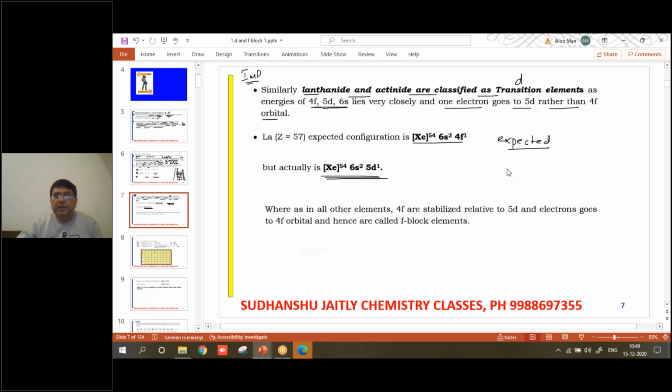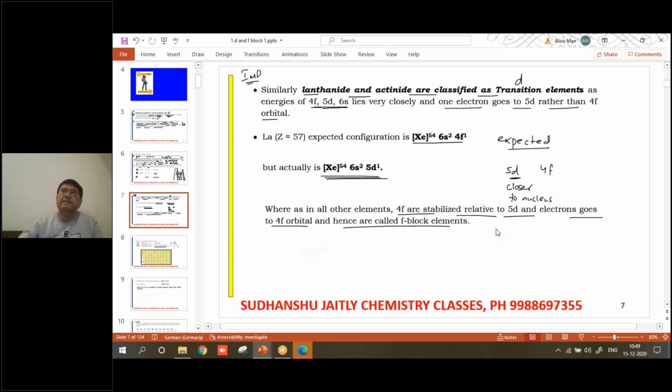Why? Because the d orbital and f orbital lie closer to the nucleus. Closer to the nucleus, what is going to happen? The attraction will be more. With more attraction, what happens? The energy is going to be lesser. Please remember that. Whereas in all other lanthanides, 4f is stabilized relative to 5d, and the electron goes to 4f.